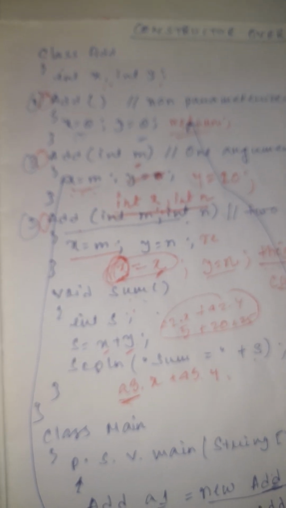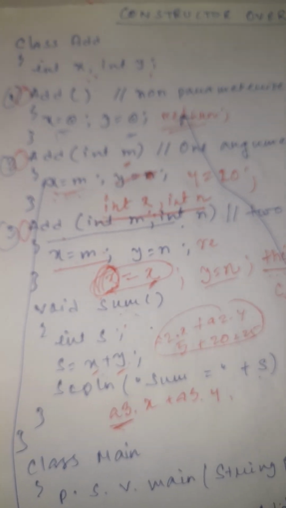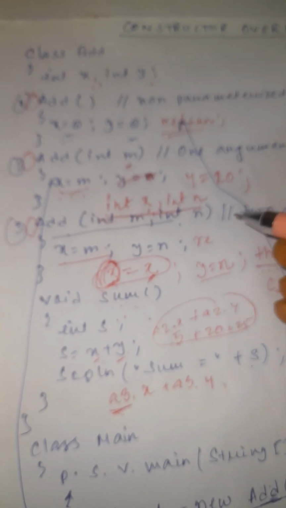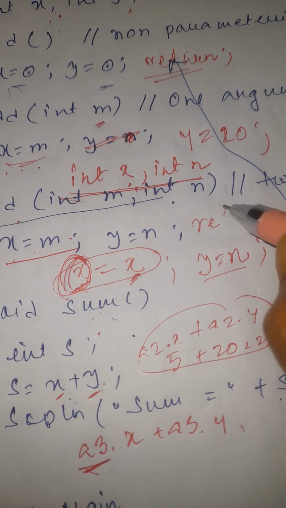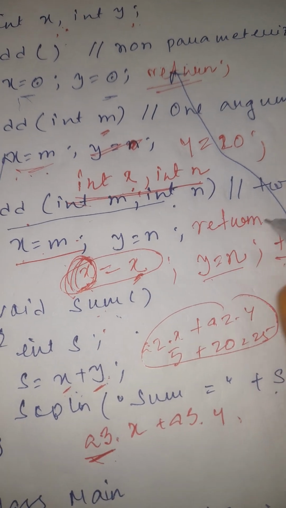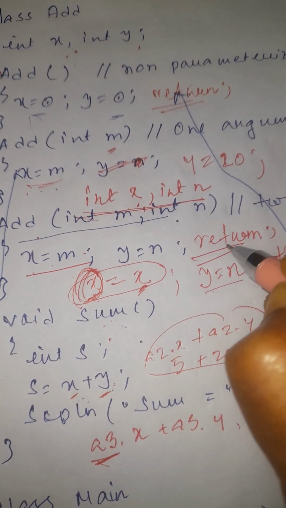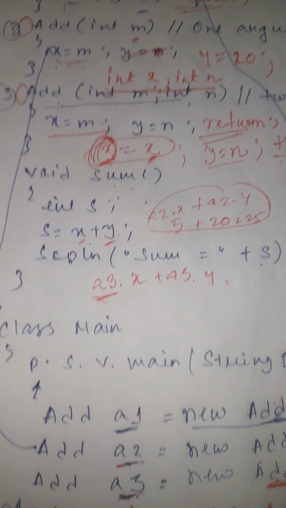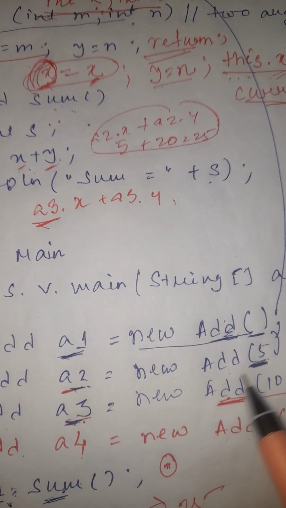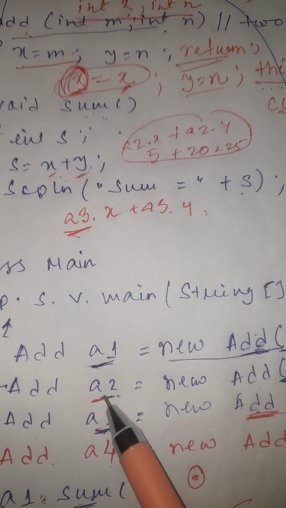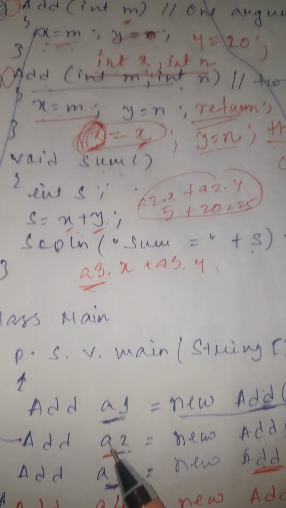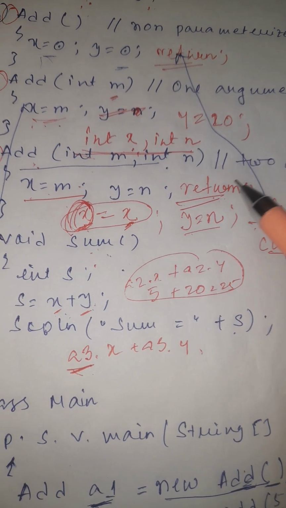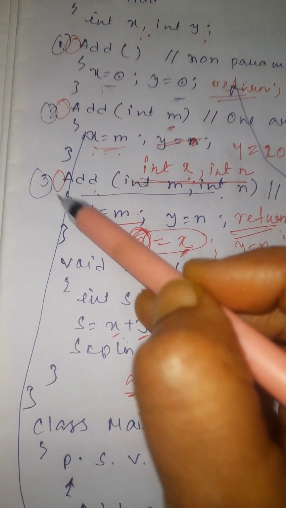So what will be returned? The return this statement, basically the constructor returns your current object. So here you can use the return statement. This one is optional, you can use it. So when your constructor is called, it will return your current object. Just like this, A a1 equal to new A, so it will return your object. Clear? So that's why the return statement you can use, no problem. It returns the current object, but constructor has no return type.